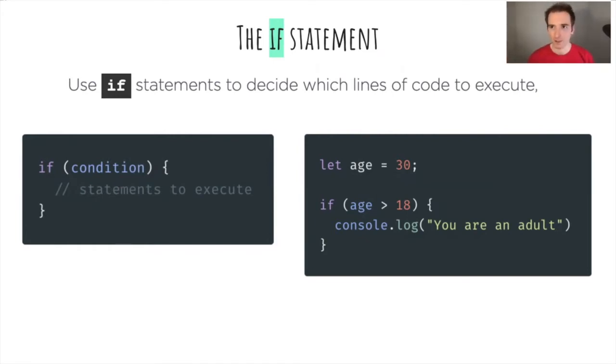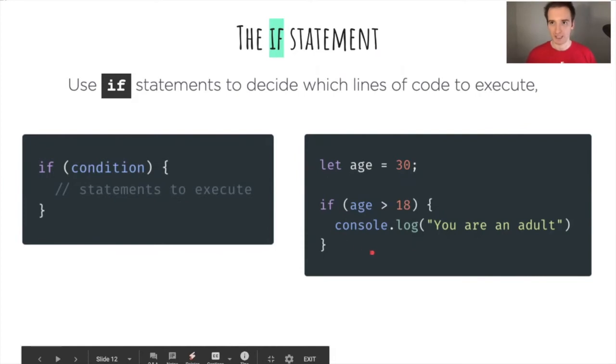And the deal with conditionals is that we can use something called an if statement. With an if statement, we're passing in a Boolean value, and if this Boolean value is true, then we'll run the code inside of these curly braces here.